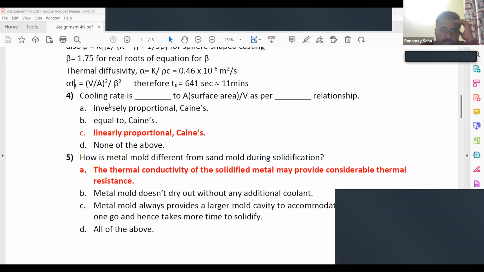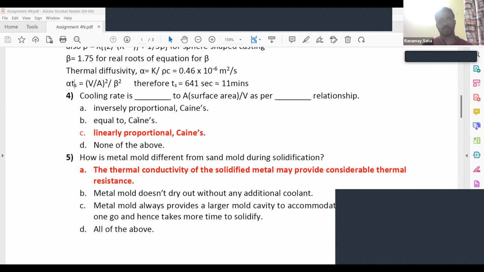If you consider these four options, they all contain Cairns relationship. Cairns relationship is given by x equal to a by y minus b plus c, where a, b, c are constants found out by experimental procedures, and then you have to plug in the values of x and y.